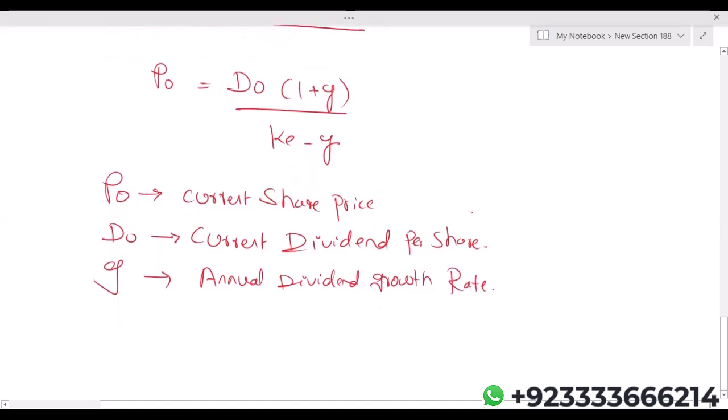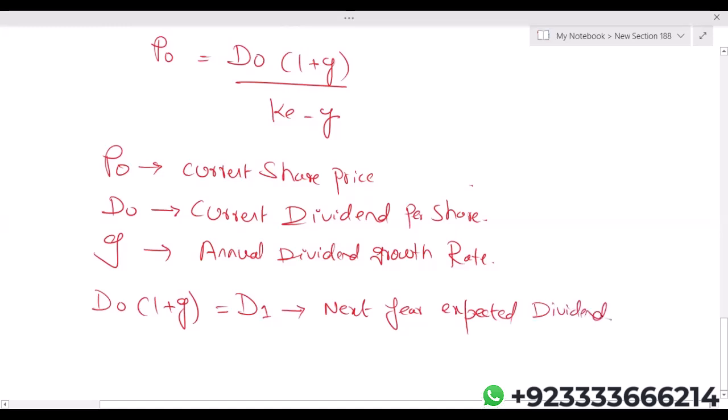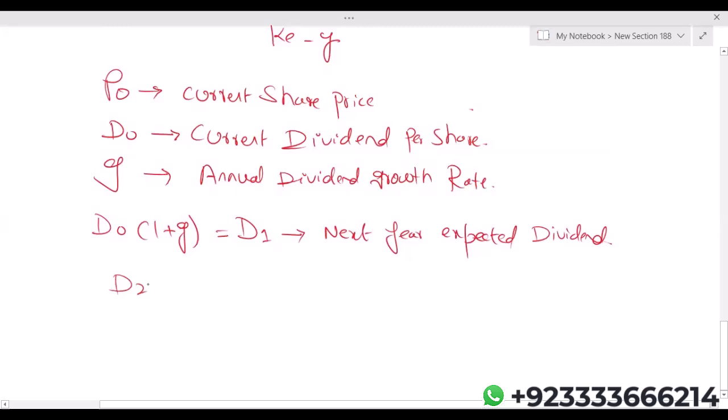And in the dividend valuation model, we assume that the annual dividend growth rate is constant. D naught (1 plus G) means D1, the next year's expected dividend. Like, if it is D24, multiplying by 1 plus G will give us D25.